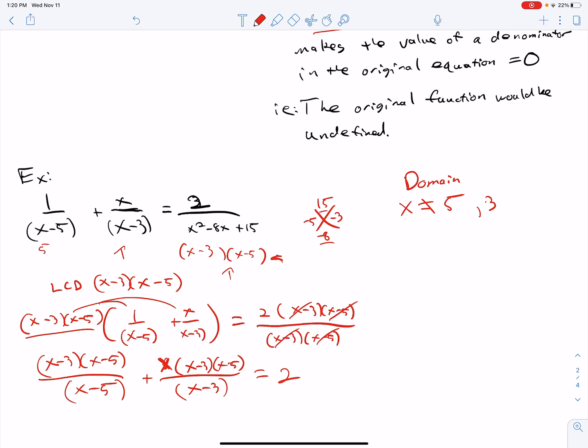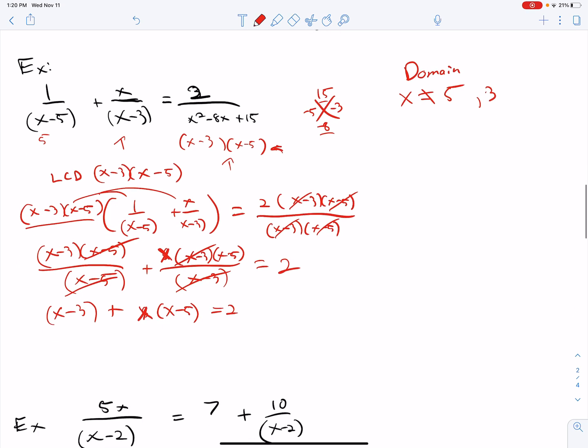So let's simplify this further. We have an x minus 5 and an x minus 5, so that leaves us with x minus 3, plus the x minus 3's cancel out. That's going to be x times x minus 5, all equal to 2. So we have x minus 3 plus, we distribute, x squared minus 5x equals 2.